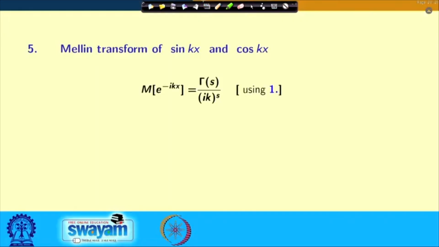So, the Mellin transform of sin kx, we know it using the equation 1, using the problem 1. The Mellin transform of e power minus i k x is gamma s by (i k) to the power s, which you can write as gamma s by k to the power s, and i to the power minus s can be written as cos s pi by 2 minus i sin s pi by 2.